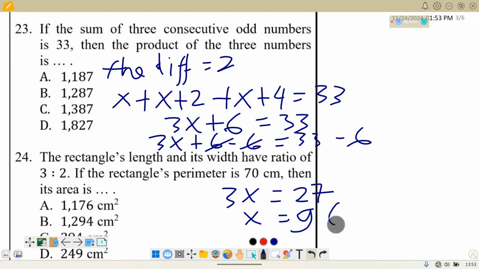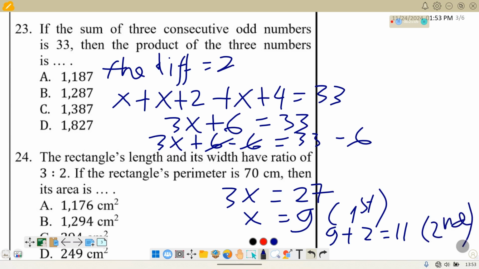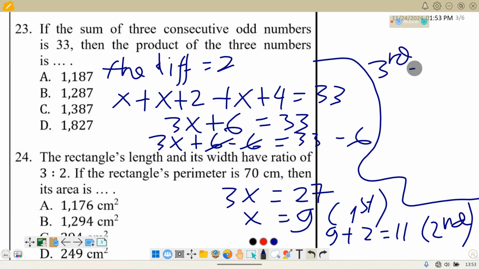But the question is find the product of the three numbers. So this is the first number, and the second number will be 11 because 9 plus 2, and the third is 11 plus 2, so equals 13.